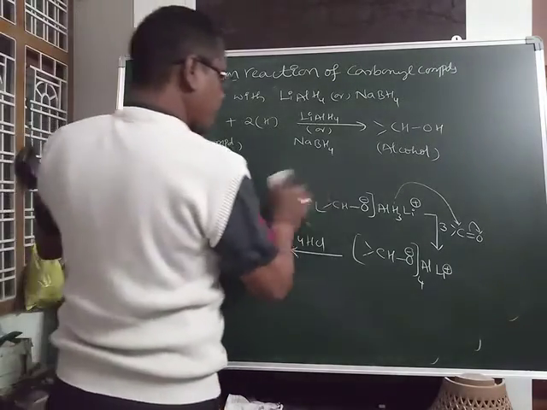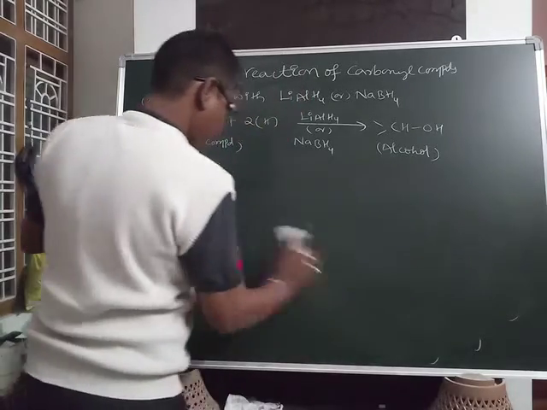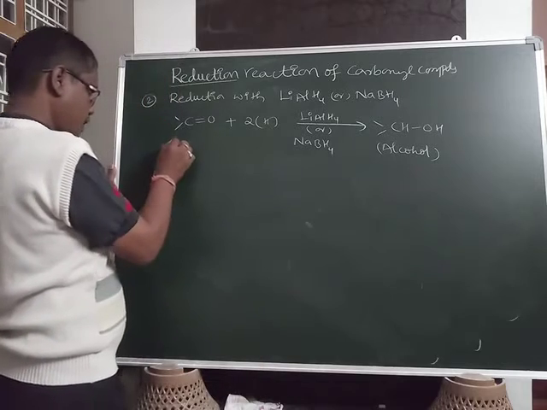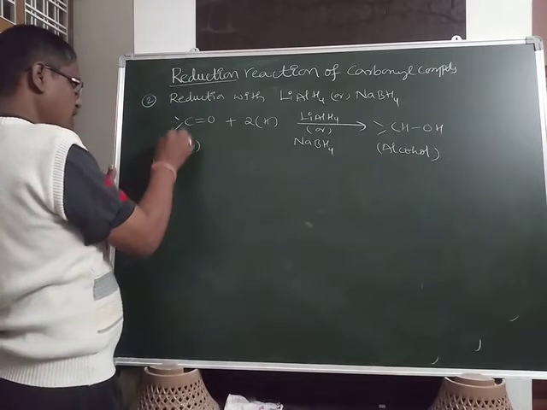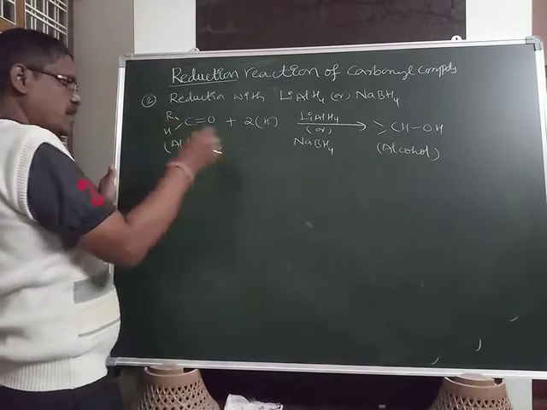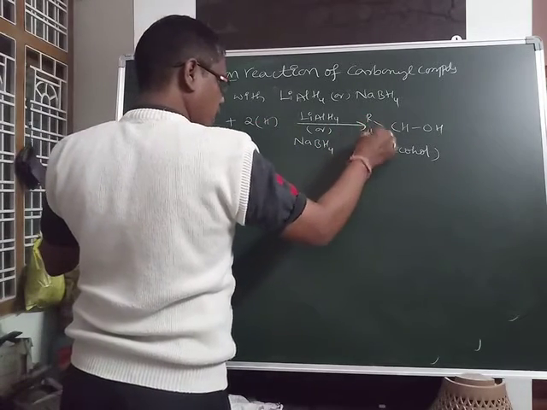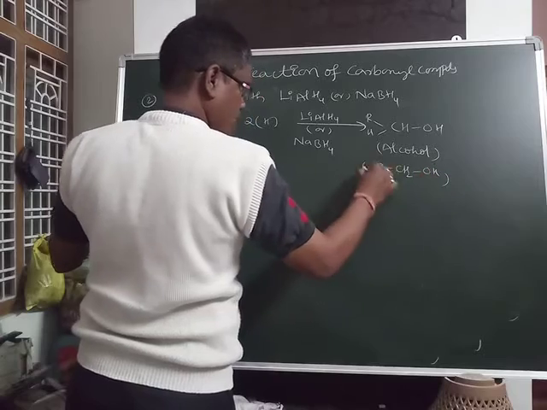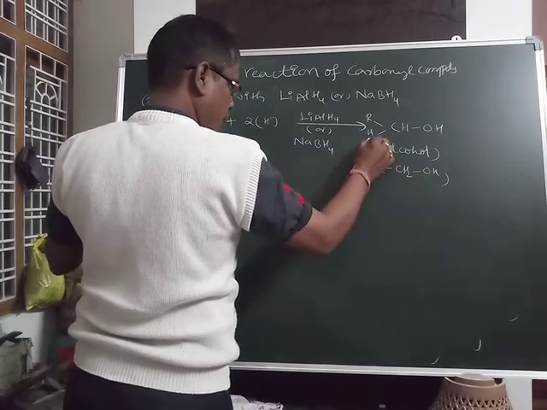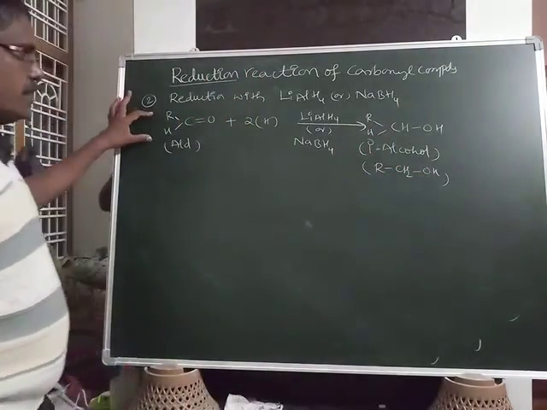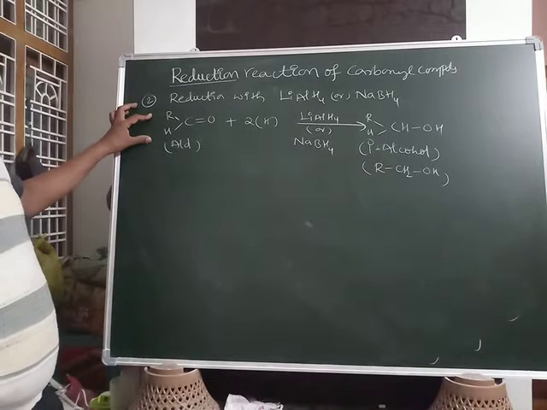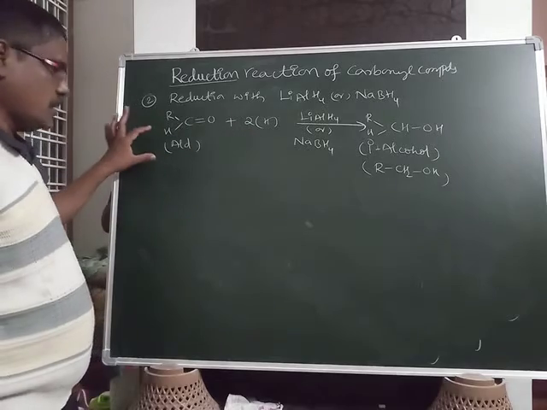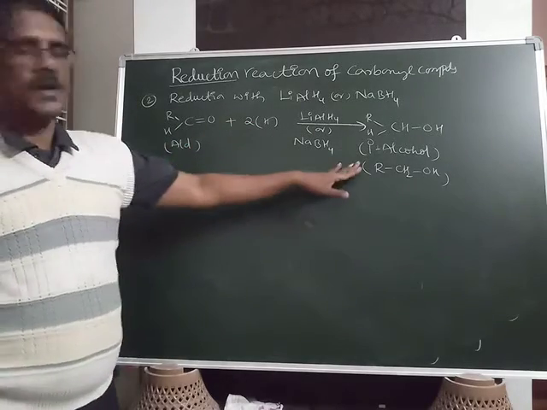In this case, when we take only aldehyde, here R and here H, we obtain RCH2OH. This is called primary alcohol. With lithium aluminum hydride or sodium borohydride reduction, aldehydes only give primary alcohol.